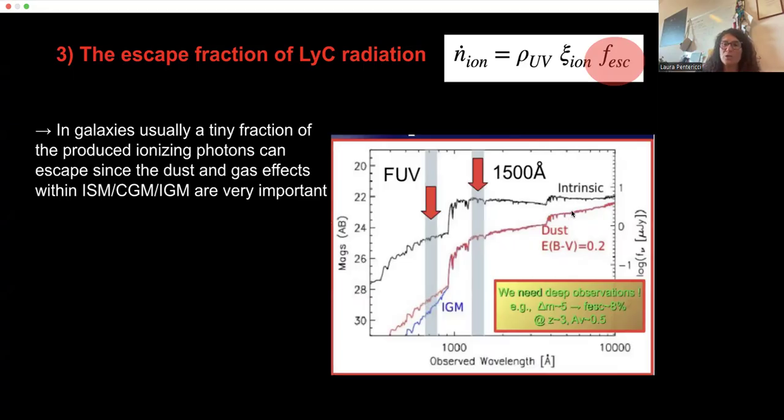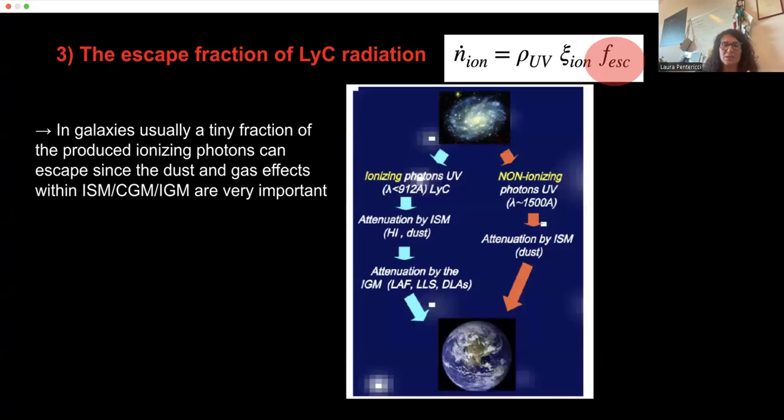If you have the intrinsic ionizing flux, the black spectrum, and then you have, for example, some dust, we know that dust preferentially absorbs the blue wavelengths. Then you have other effects, and you will have this suppression of the source.